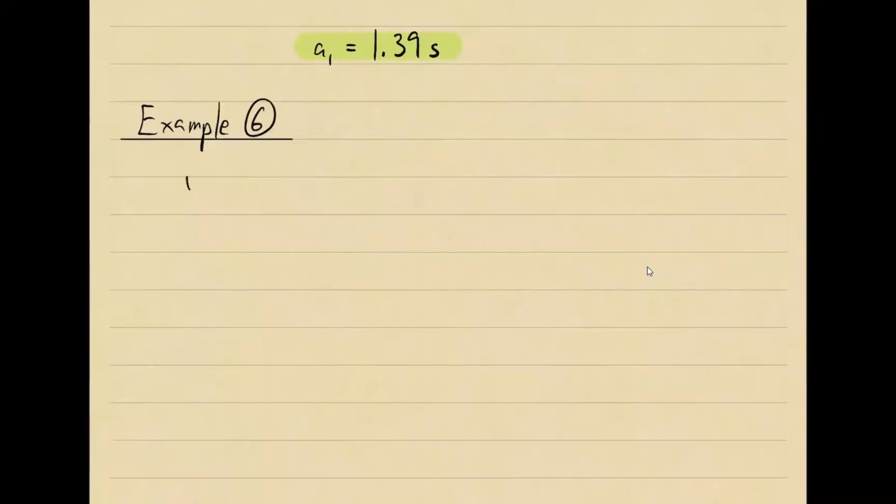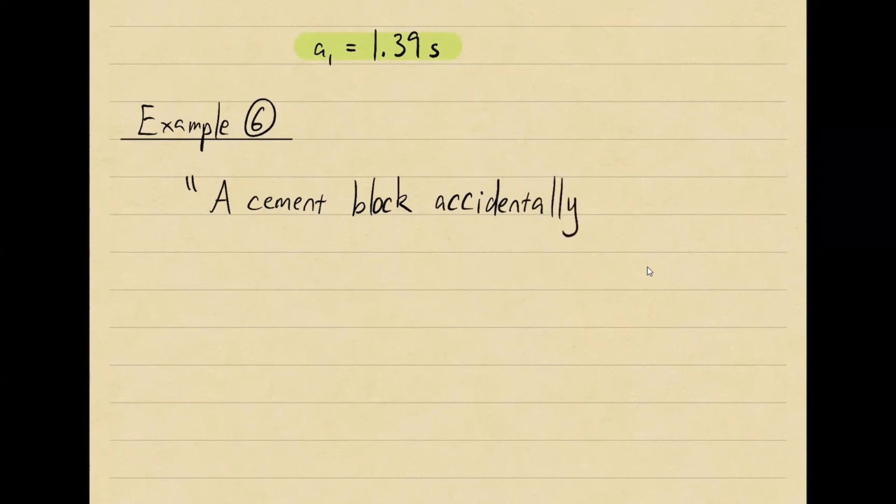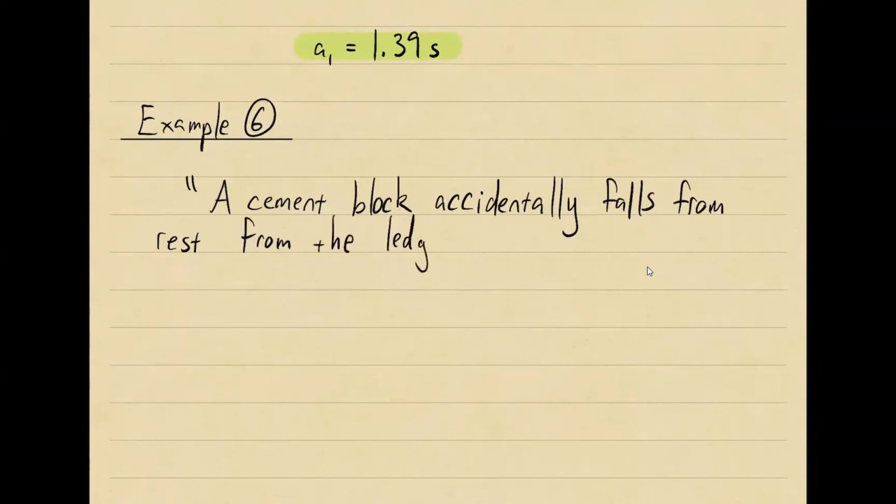There we go. So example 6 says that a cement block accidentally falls from rest from the ledge of a 53-meter high building.